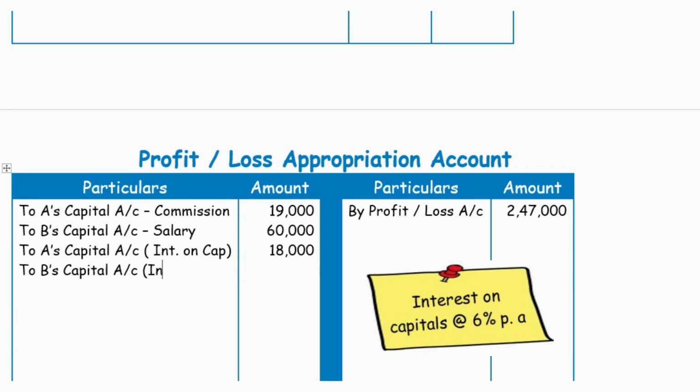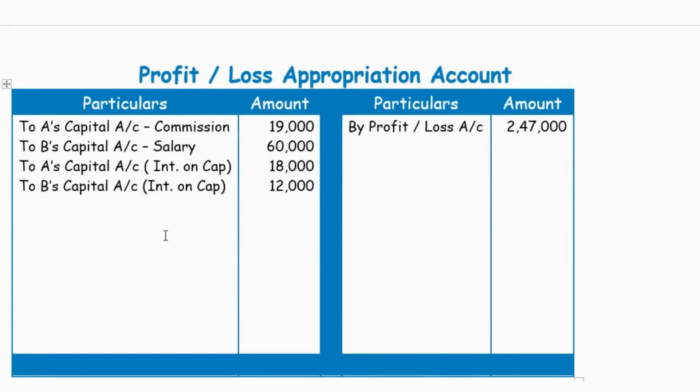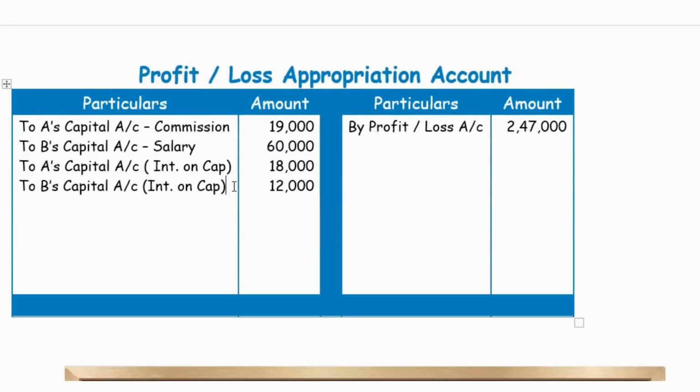And B's capital account, he will be receiving an interest on capital of 12,000. So after noting down all these, the profit or loss appropriation account is to be balanced by adding and deducting the totals on both the sides. So the difference amount happens to be 1,38,000.